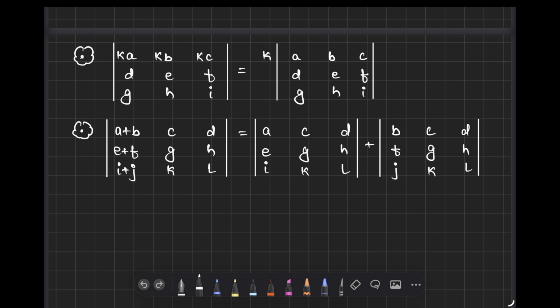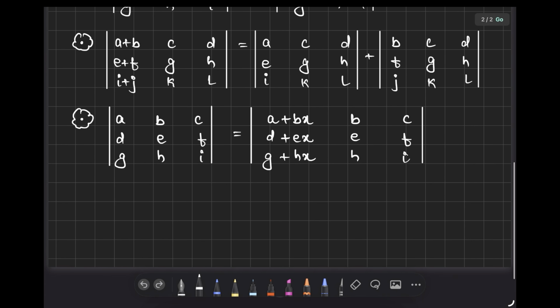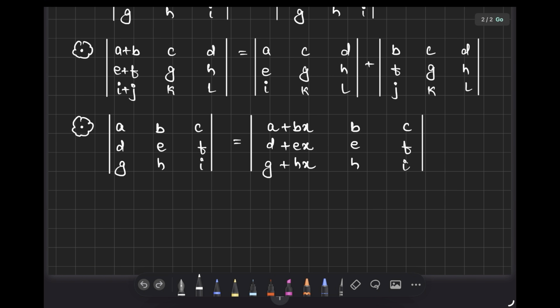Now look at this idea. Suppose you have to find out the determinant. To simplify things, suppose you choose a particular column. For this case we have chosen column number 2 to manipulate column number 1.